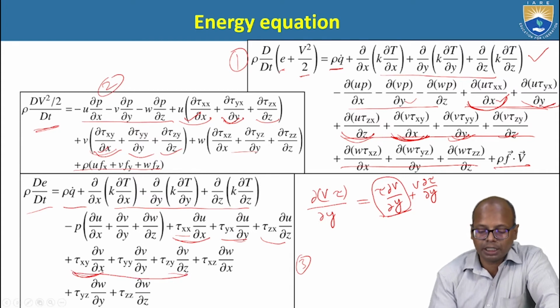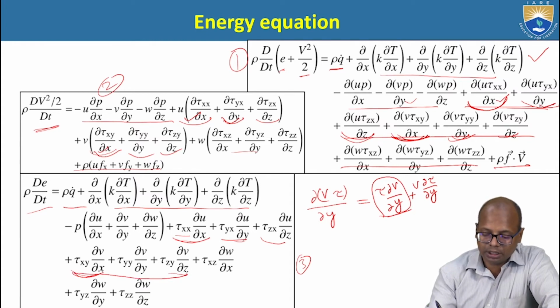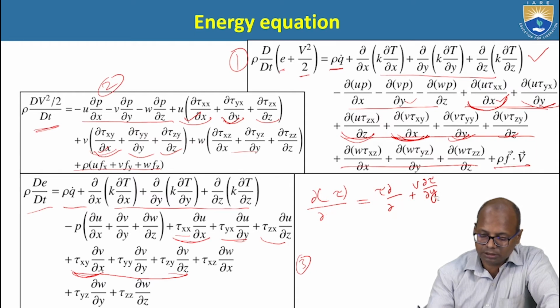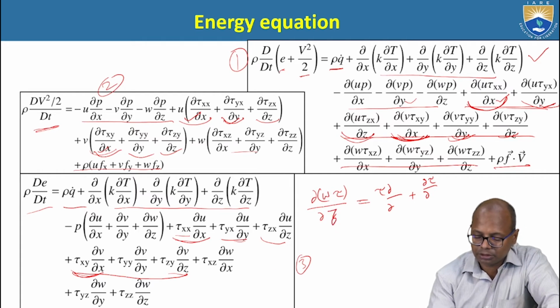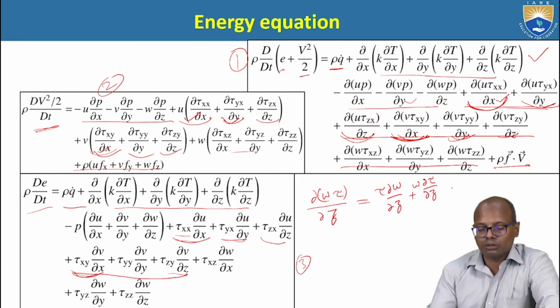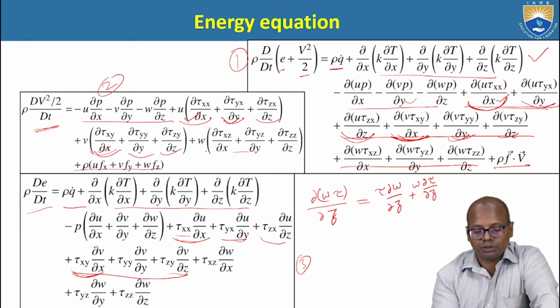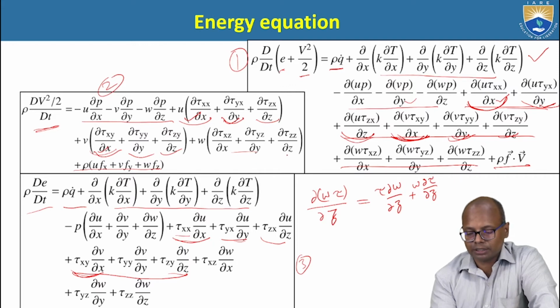Similarly, I had here w and so it is tau w by tau z, dou z. So it is dou w by dou z and w into dou tau by dou z. So here w into dou tau by dou z is there.